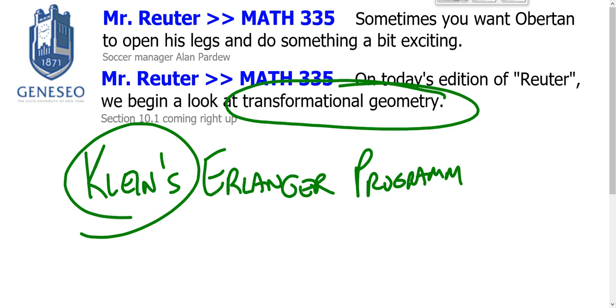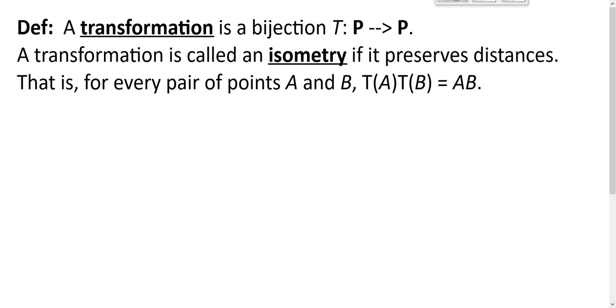There's a lot of intuition, and so we want to define what a transformation is. A transformation is any bijection that takes all of the points in the plane to all of the points in the plane. The domain and the codomain are each the entire plane. A transformation is any bijection from the plane to the plane.